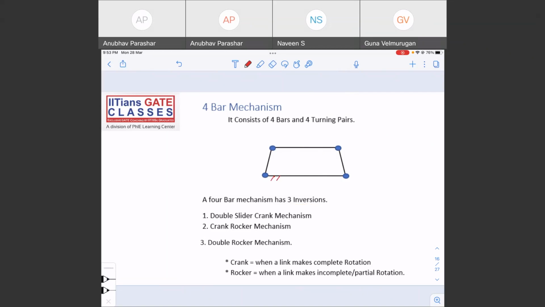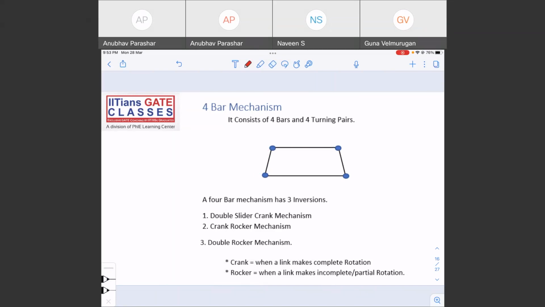Now you can fix this link, or you can fix this link, or you can fix this link, right? So it is up to you which link you are fixing.